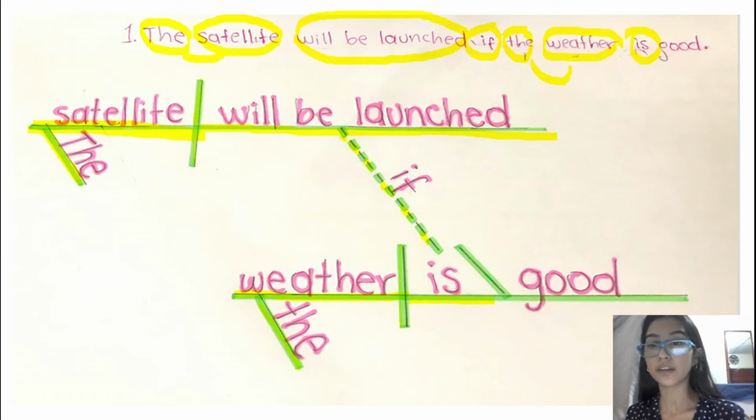Here we have a linking verb, so we are going to have a subject complement predicate adjective, that is good. And good is going to be written next to the verb, and it's going to be divided by a slanting line. So the subject complement predicate adjective is going to be written on a horizontal line. And that's it.